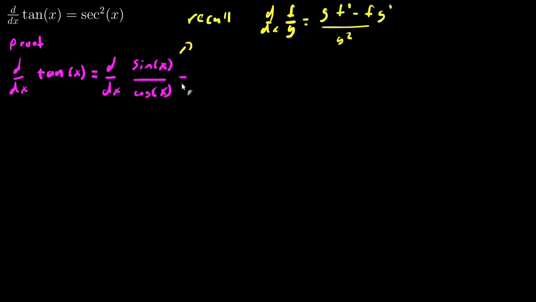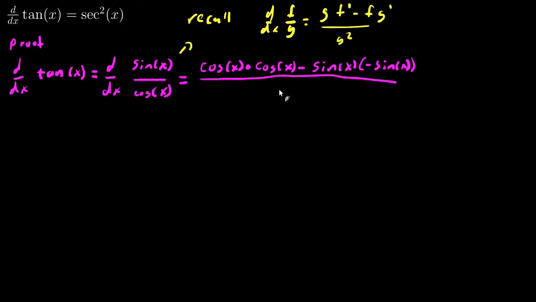And so I take the bottom function and leave it unchanged, cosine of x, multiply it by the derivative of the top function, derivative of sine is cosine, minus the top function, which is sine, times the derivative of the bottom function, the derivative of cosine is negative sine, all over the bottom function squared, so cosine squared x.